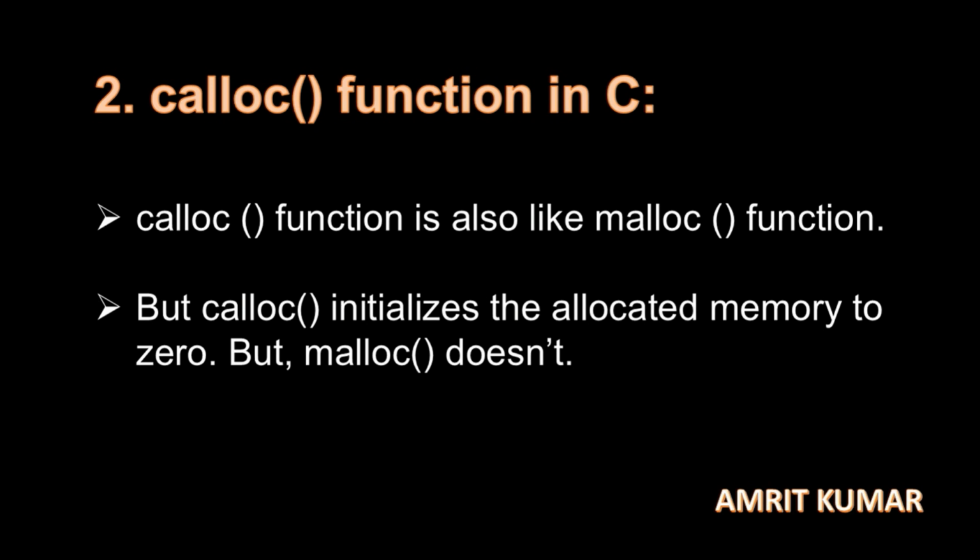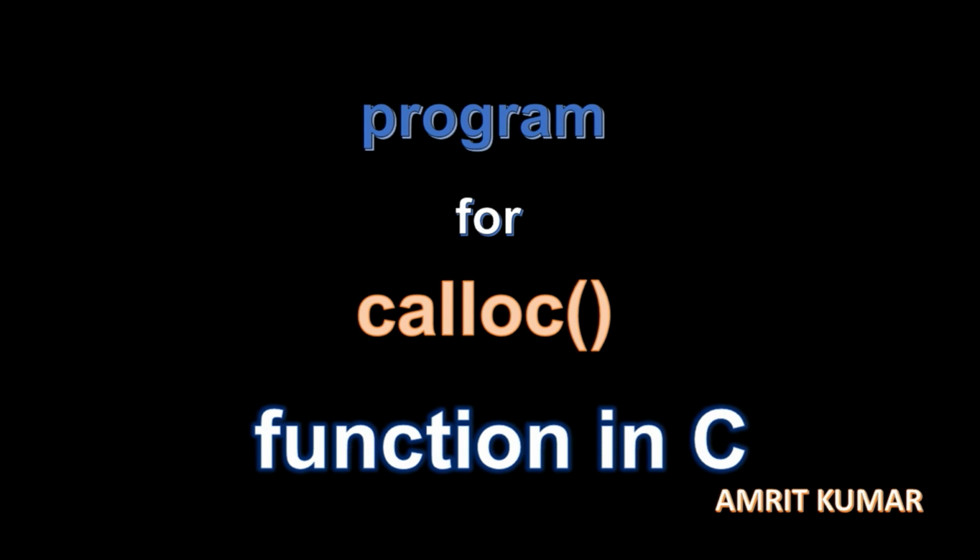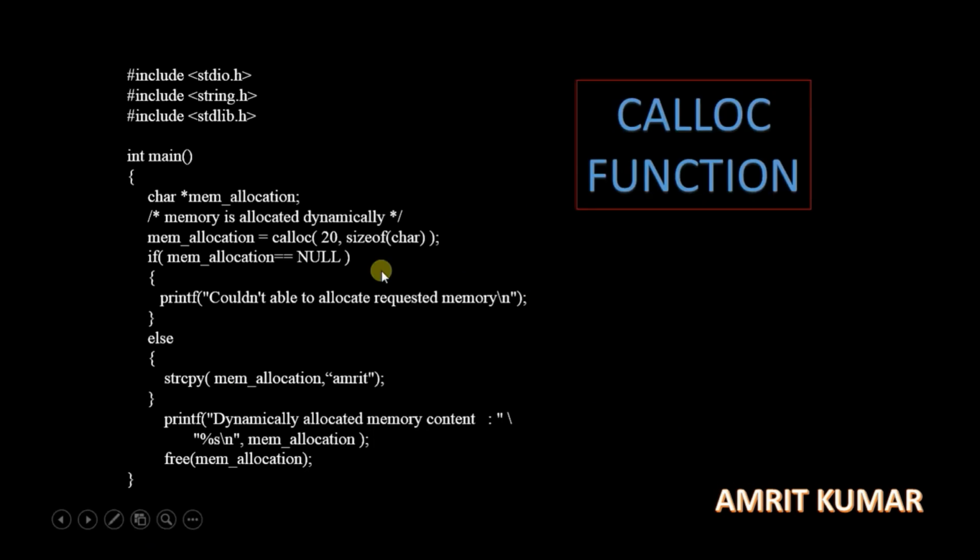Here is the program I am going to discuss for the calloc function in C. This is #include stdio.h, #include string.h, and #include stdlib.h. These are the header files I have declared above the main function.